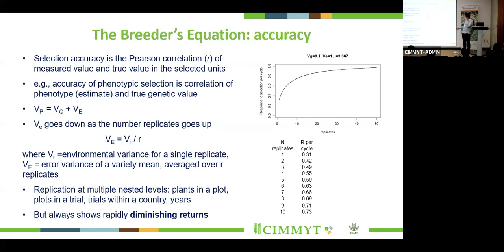You don't need that many, and the investment in increasing accuracy by replicates in a trial can be not that worthwhile. And the difference between 9 and 10 replicates is trivial. But the key point, once again, diminishing returns.